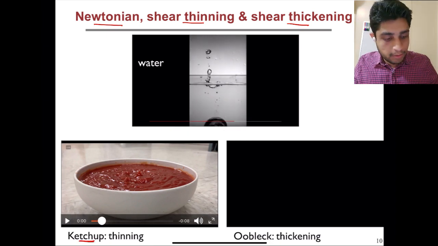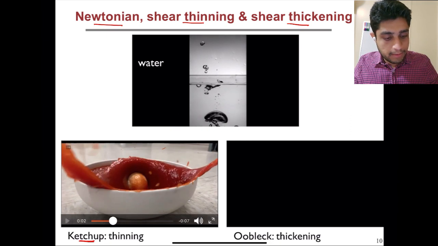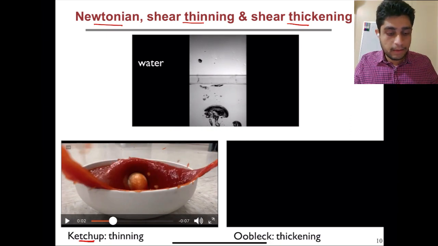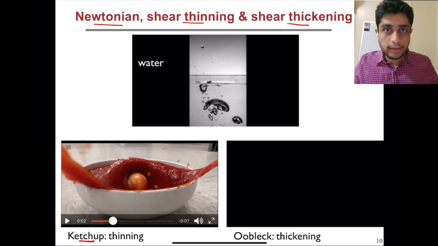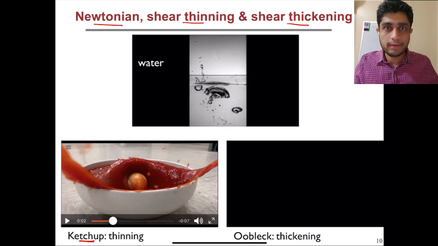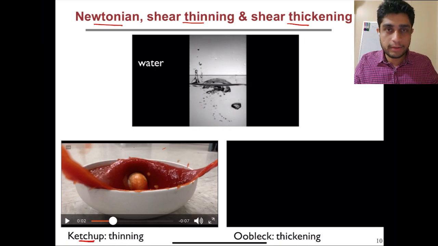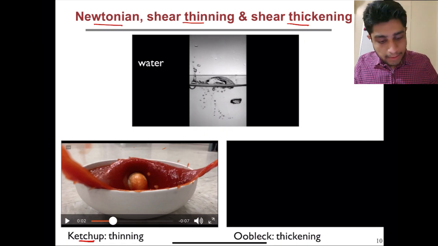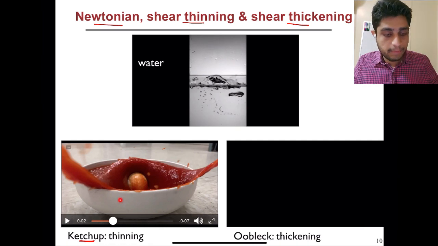But if you drop a ball in a shear thinning fluid, so ketchup is another example of a shear thinning fluid, as you can see, as the ball hits the ketchup surface, its velocity is very high. So that means the deformation rate is high and viscosity is very small. As a result, you can see it deforms the ketchup a lot. That's because its viscosity is very small.